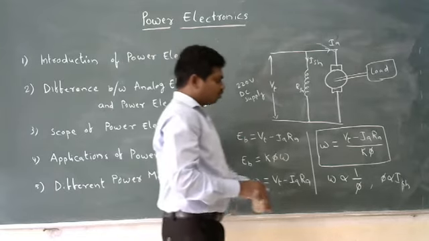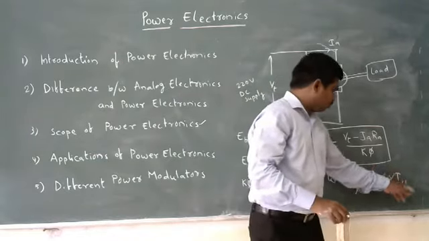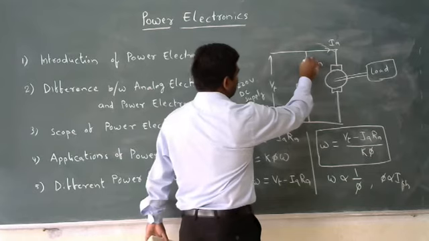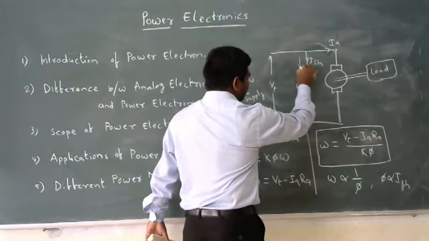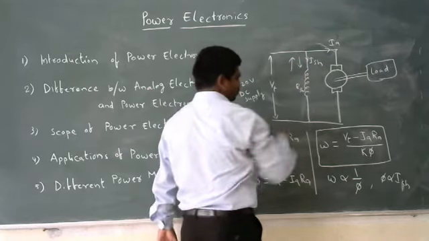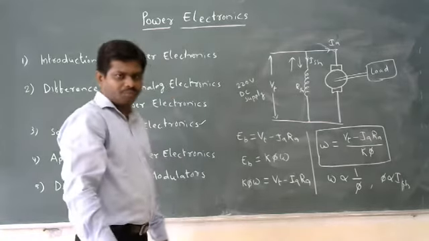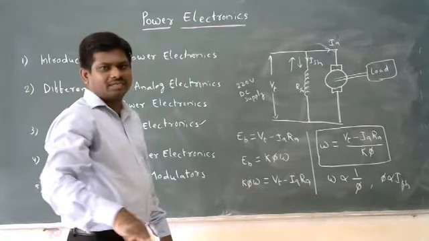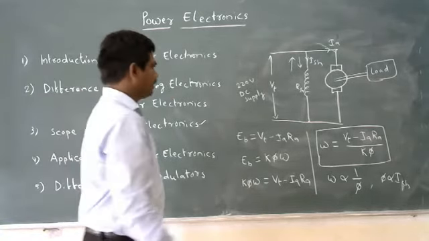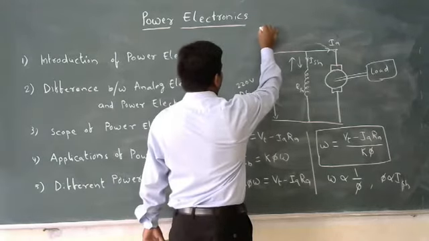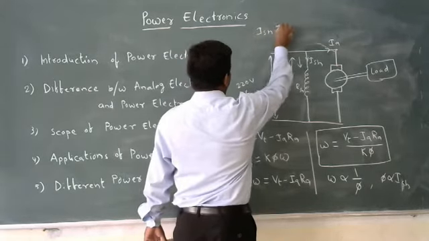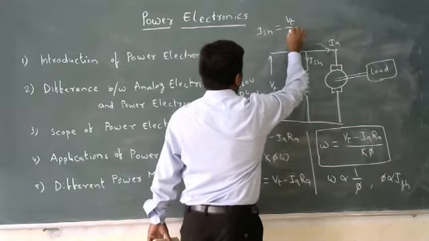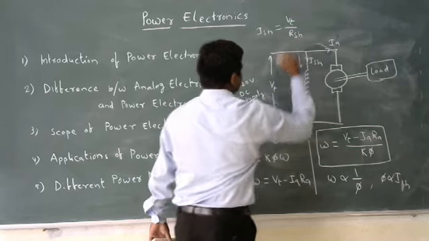Suppose you want to change the current flowing through the winding, meaning this current has to be reduced or increased. Then what do we generally have to do? The only option is based on Ohm's law: ISH equal to Vt upon RSH.